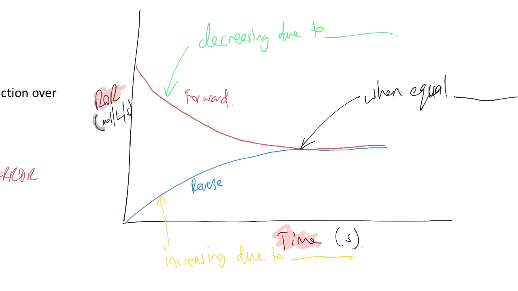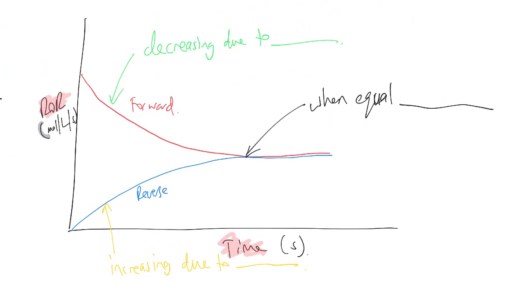Here's our graph. I've got a forward and reverse reaction, and you can see that the forward reaction started off at a certain value and the reverse reaction started off at 0, which means there were probably no products and lots of reactants there. Okay, so as the reactants reacted, the forward rate of reaction decreased at the beginning. Why?